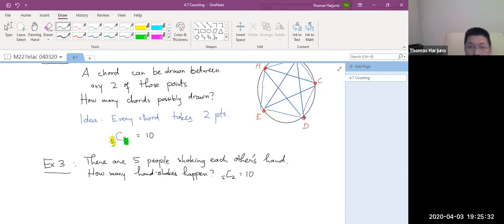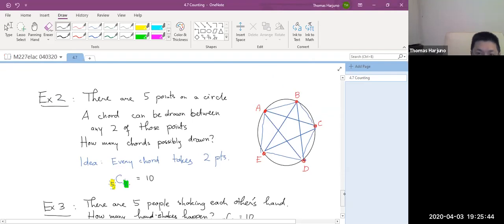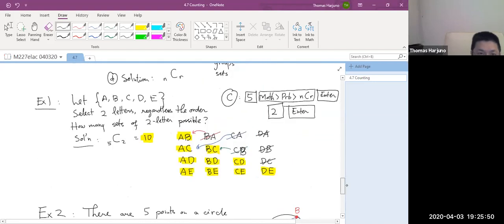Okay, now what makes this combination difficult, and it's actually also applied to other cases, fundamental theorem of counting and permutation, is that we are not really looking at the example and only using the same example all the time. We apply that to different cases.